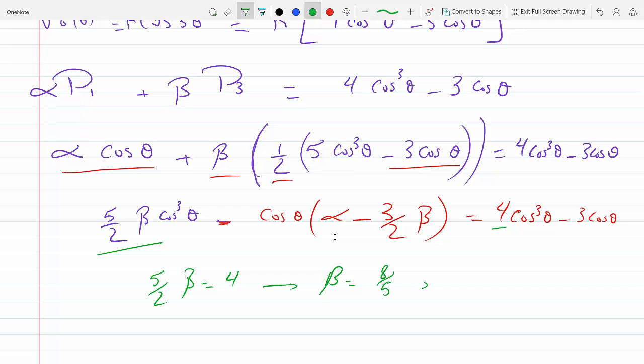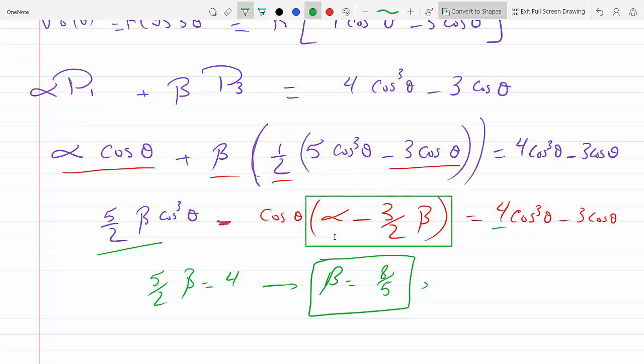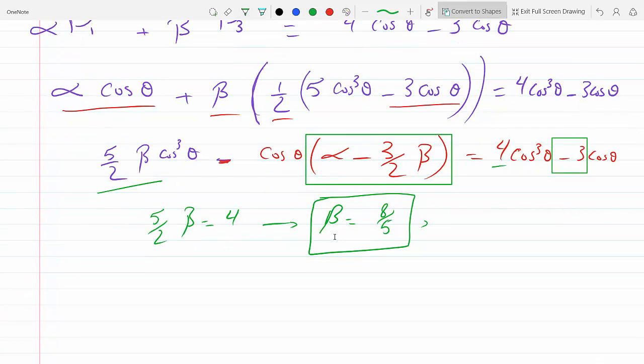And the coefficient of cosine has to equal the coefficient of cosine, so we get alpha minus 3 halves beta equals minus 3. You already found beta, plug it in and solve for alpha.